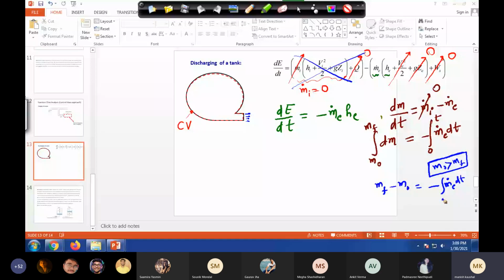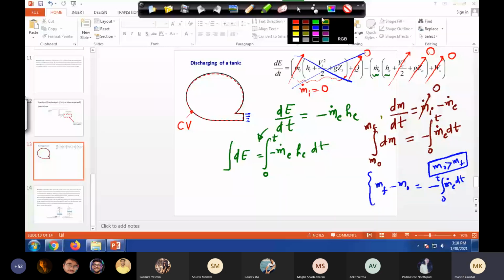Okay. Now let's talk about this equation here again. Now again let's integrate it. So dE is equal to minus m e dot h e dt, and then integration 0 to t, and at 0 we have energy, let's say E naught, meaning in the beginning, and the final energy of the CV is E f.